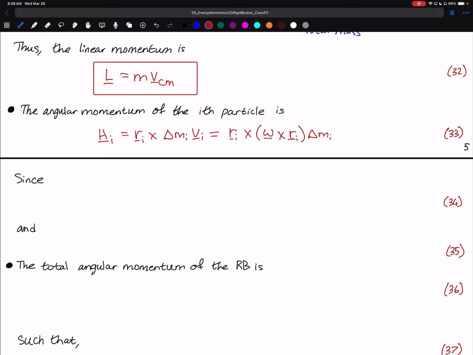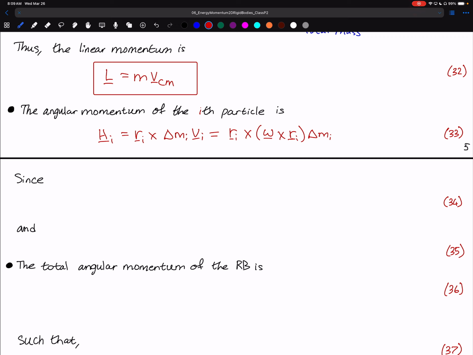And under a similar argument the velocity of the center of mass is going to cancel out as well. Which is why we skipped it here.